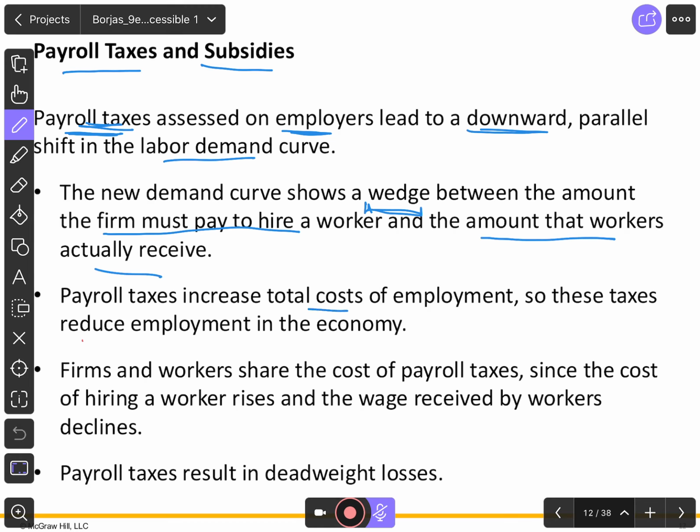So the tax increases the cost of employment and hence it reduces employment. As the cost of hiring rises, the wage received by workers is also going to decline, because somehow the firm is going to try to pass this tax to workers. We will also discuss what we call the deadweight loss.